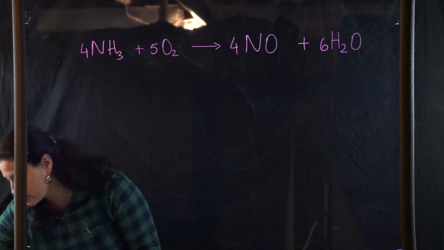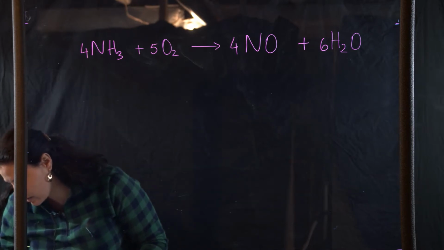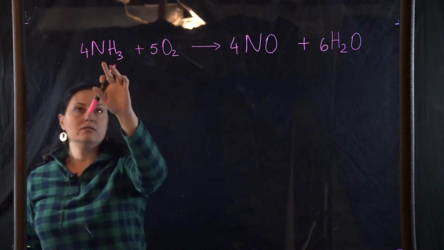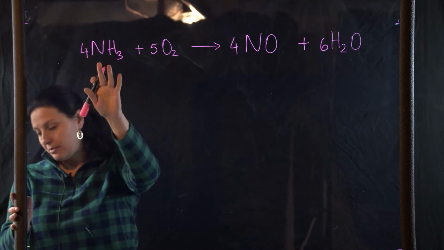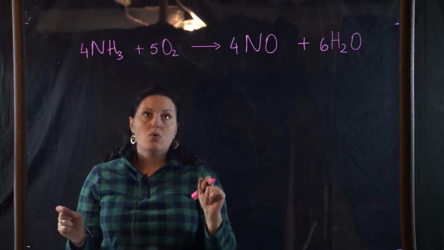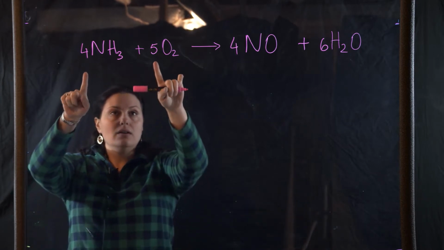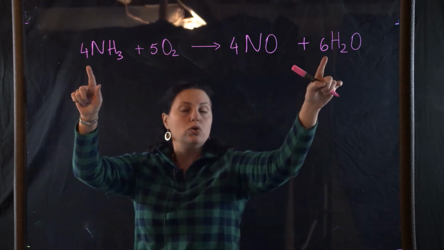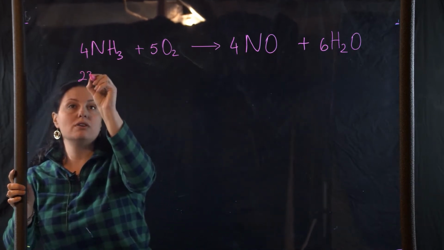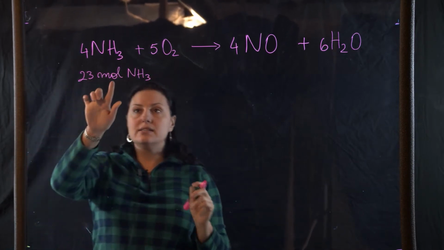Now let's read the next question. How many moles of oxygen gas are needed to react with 23 moles of ammonia? I'm given 23 moles of ammonia, and it asks me to calculate how many moles of oxygen will react with the ammonia. These coefficients are molar coefficients, so because I'm given 23 moles of ammonia, that is in the correct unit.